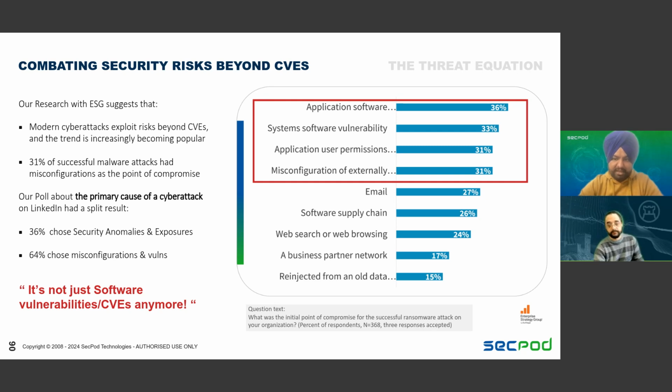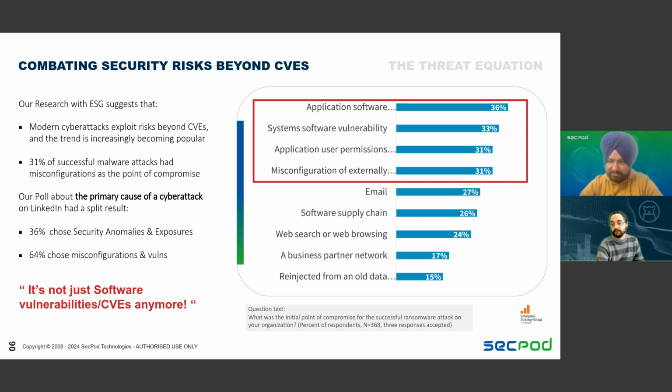They would also like to do a good job of exposing other risks beyond CVEs. We've seen a sizable audience that talks about anomalies and exposures, not just vulnerabilities and misconfigurations anymore. How do you see this discussion happening in your community?